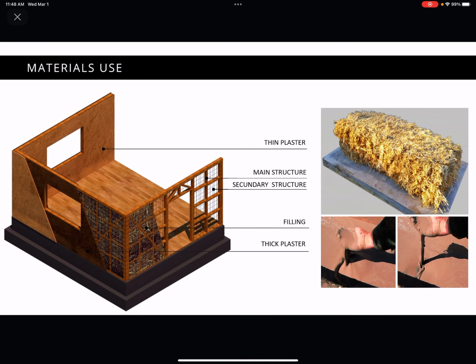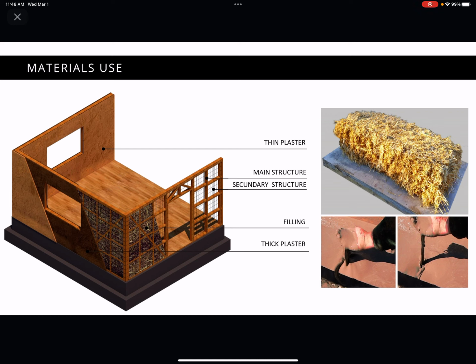So here we can see an isometric view of how the materials are put together. First we can see the thin layer of plaster. This is the final layer, because underneath that layer there is a thick one. Then we can see the main structure that, as I said before, can be wood or bamboo.